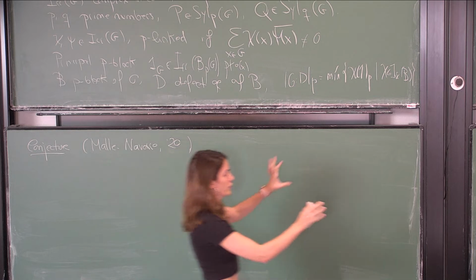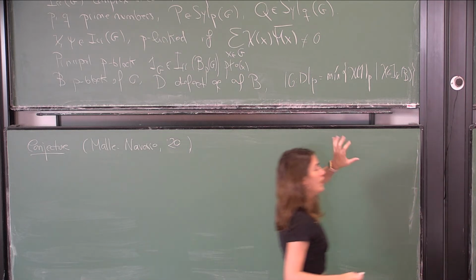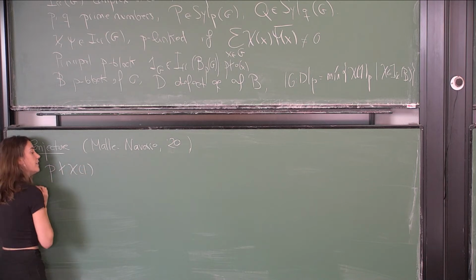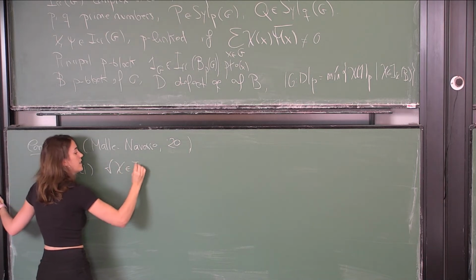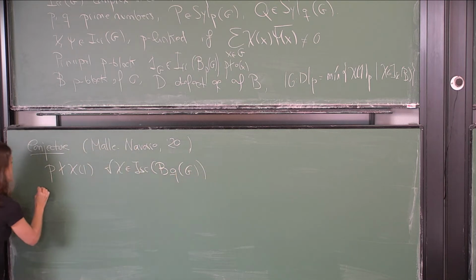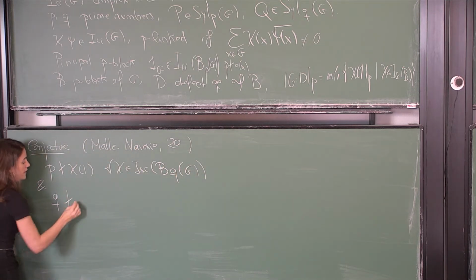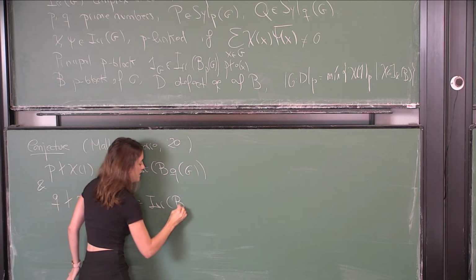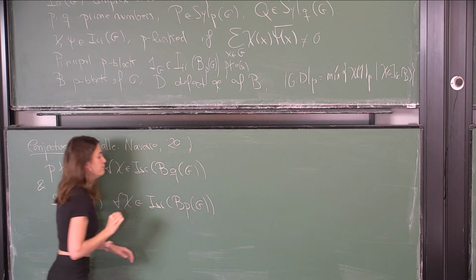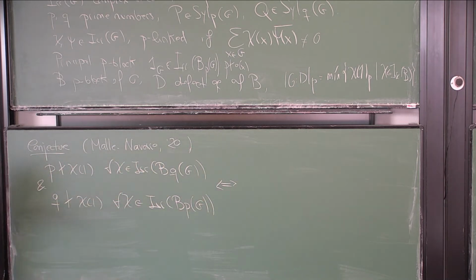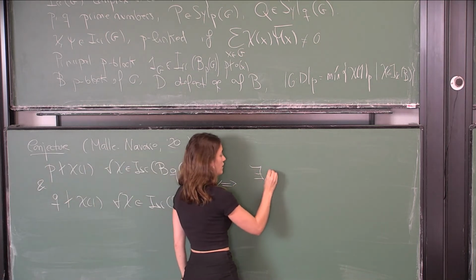So we want a version for p and q of this theorem, and on the left-hand side they said that it should happen that p does not divide the degrees of all the irreducible characters in the principal q-block of G, and at the same time q does not divide the degrees of the characters in the principal p-block of G. And on the right-hand side, what we have is that there is an abelian Sylow p-subgroup and an abelian Sylow q-subgroup commuting.